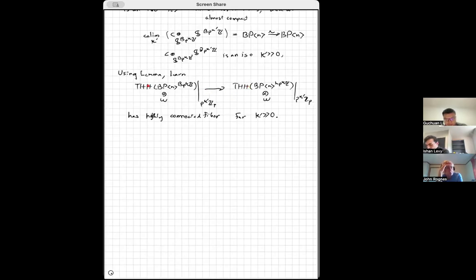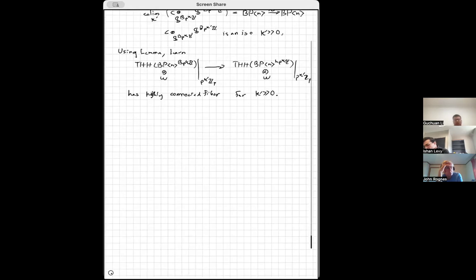We didn't want to restrict. But the point is that the restriction isn't so bad because, in fact, if you look at the functor that's given by base changing from one of these rings to one of these other rings, this base change map factors through the restriction to P to the K plus P to the K prime ZP.